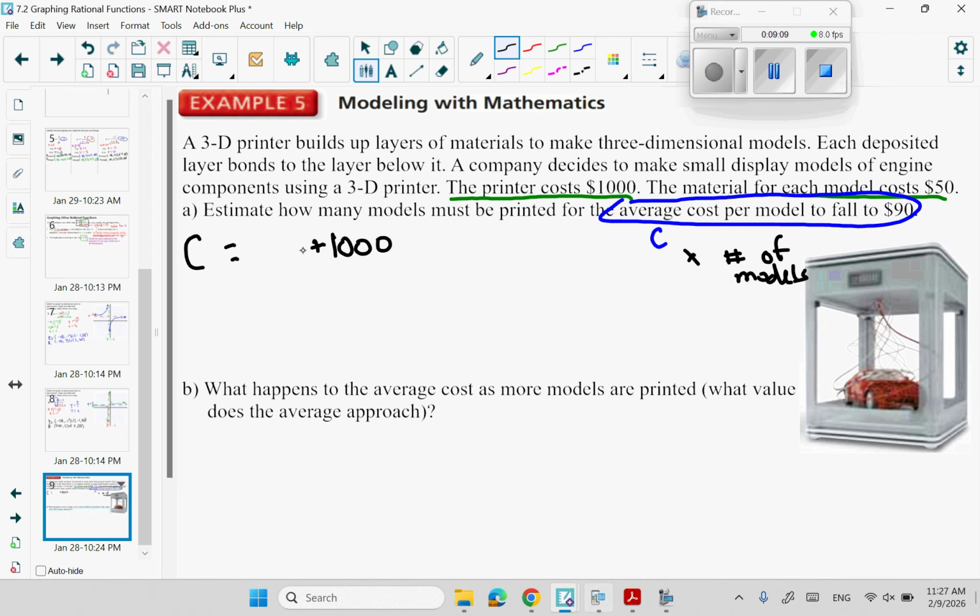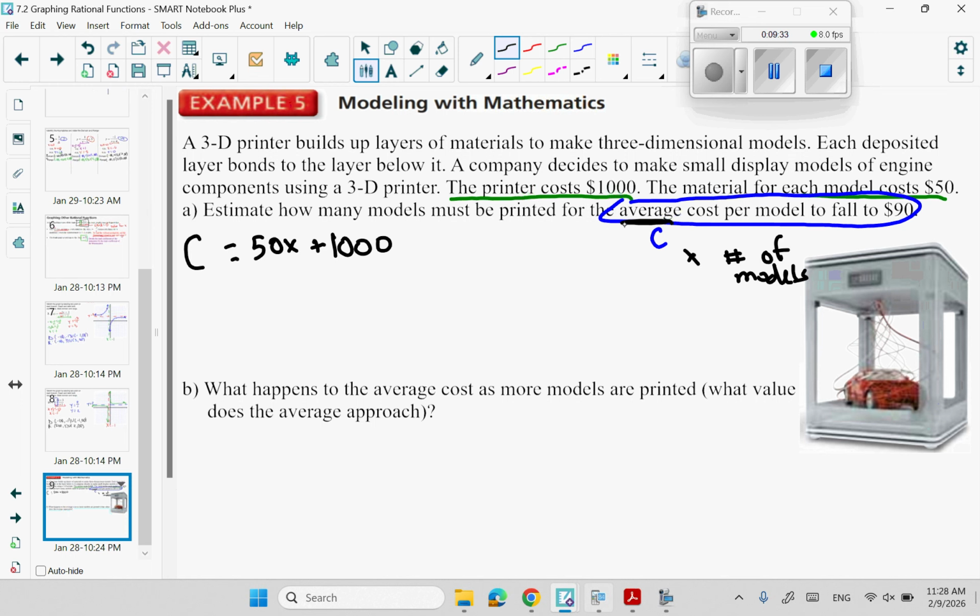Now, each model costs $50. So if X is the number of models, I would represent that by 50 times X. And that process would tell me how much I spent on the whole process. Well, by definition of average, you tend to have to divide by something.